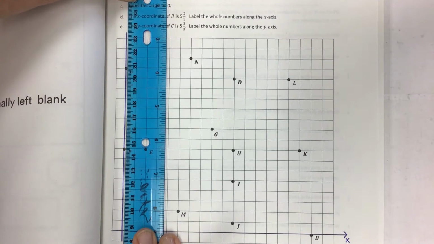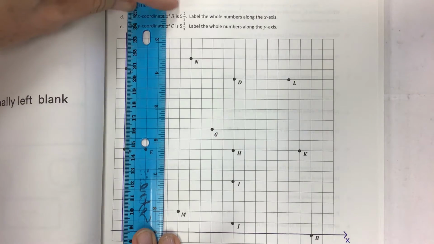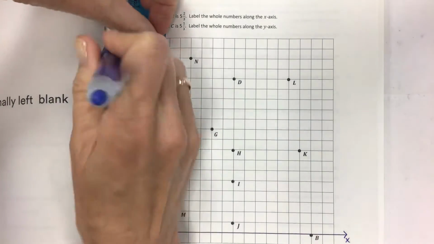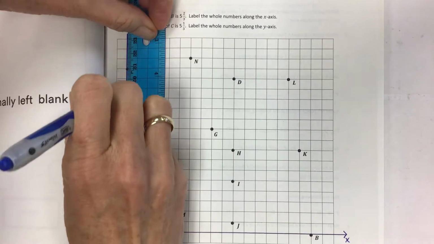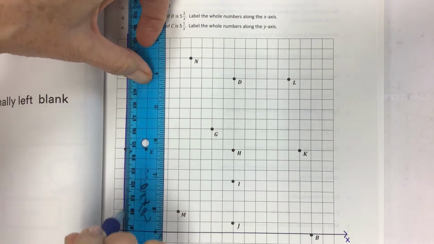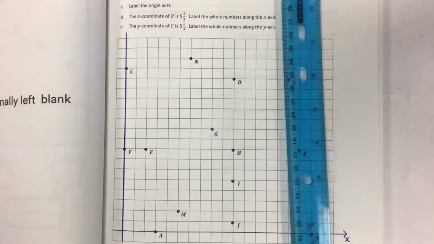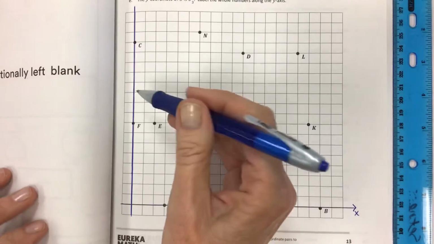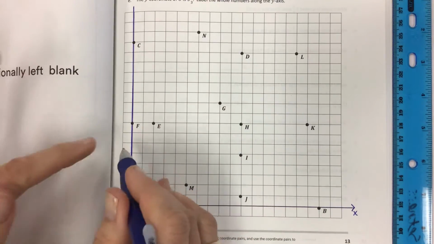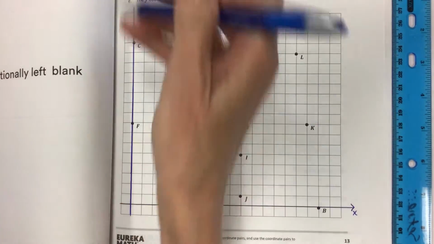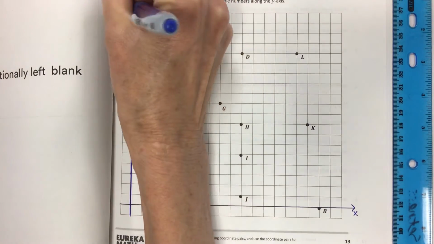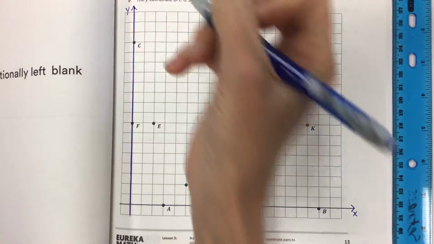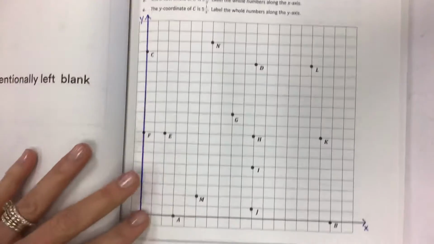And if it's a little bit off, you can go over it again so that it's a little bit wider. It's kind of a weird angle for me. Okay, so make sure your line is on the line and it passes through C and F, and then label it Y and put a little arrow at the end. Don't use permanent marker because it will go through your page and bleed through on the back of this page, and you don't want that.